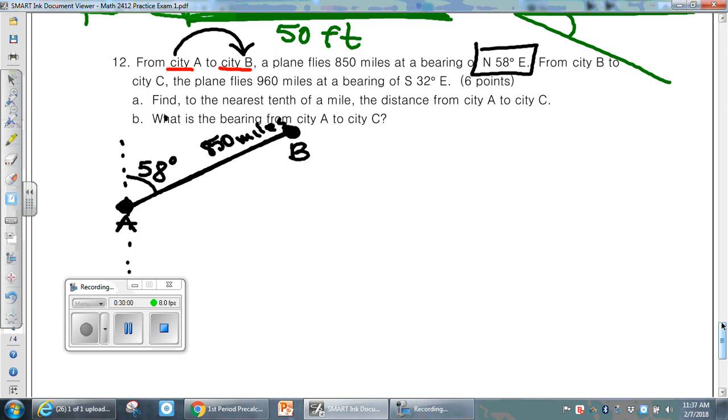Then from city B, so that's the new sentence, from city B to city C, the plane flies 960 miles at a bearing of south 32 east. So we draw our north-south line, and we have to go south 32 east. Are we on the same page? Let's do that.